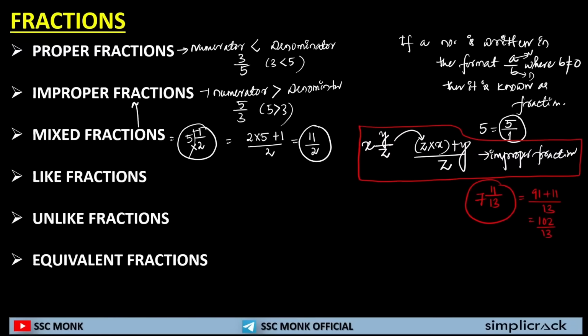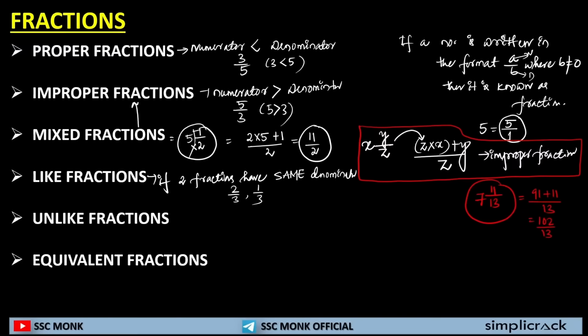Yes. Now like fractions. If two fractions have the same denominator, remember, let me write it in bold, same denominator, this is a like fraction. That means 2 by 3, 1 by 3, this is known as like fractions.